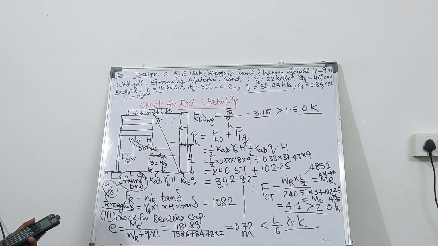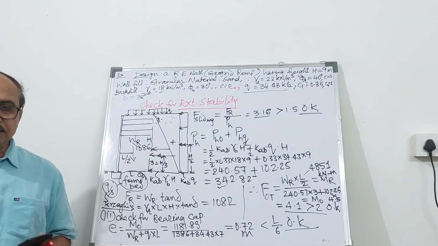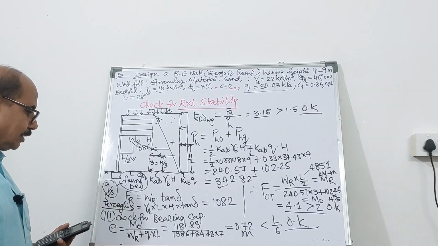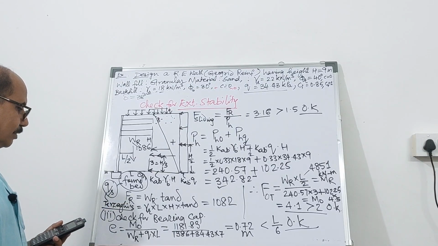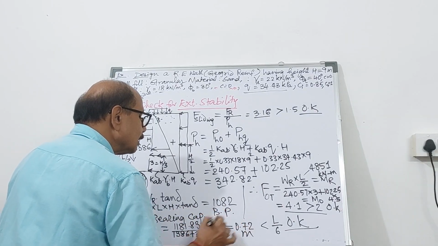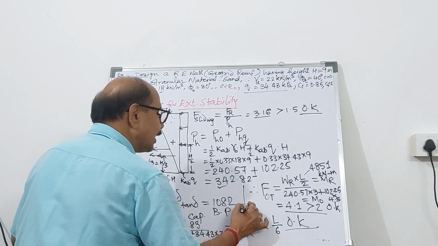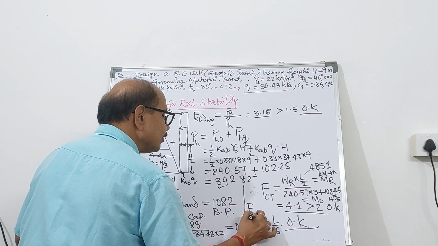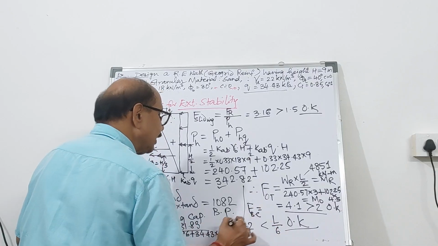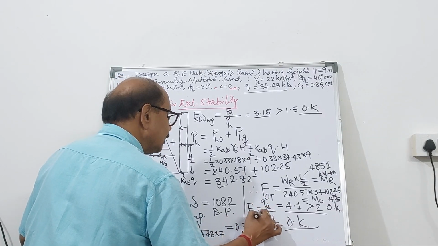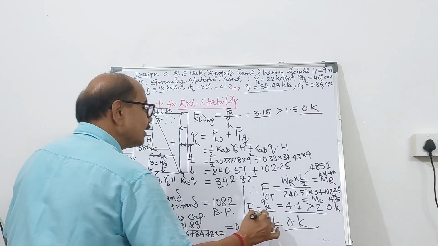So now you can very well check for the bearing pressure, calculate it, and the factor of safety for bearing capacity failure will be QS divided by the bearing pressure.